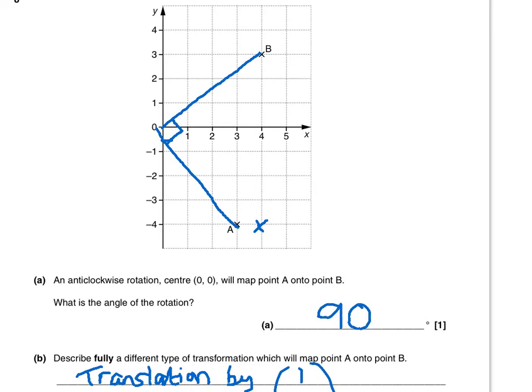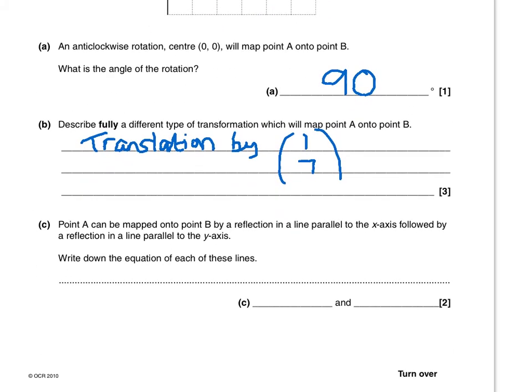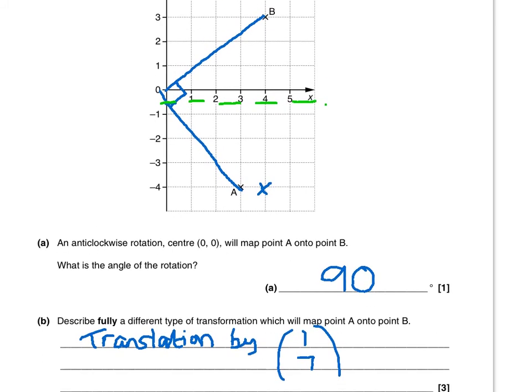So the line that's been reflected in would have to be this line here. And that is the line where y is 0.5. Or even where y is minus 0.5.